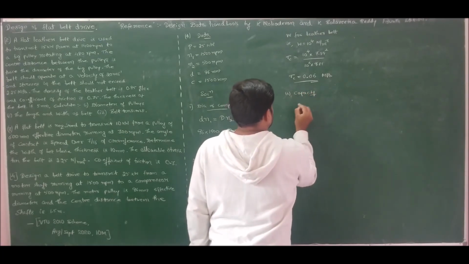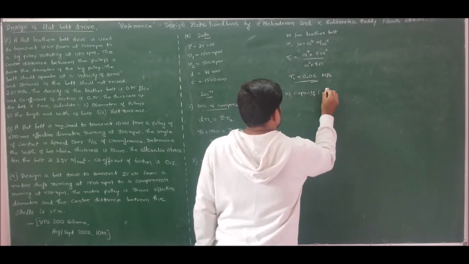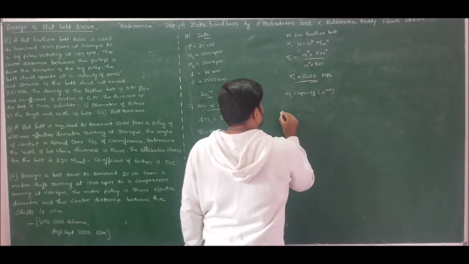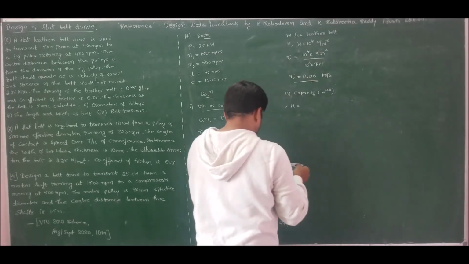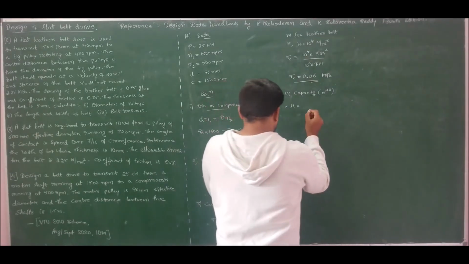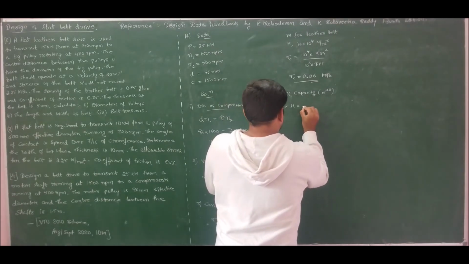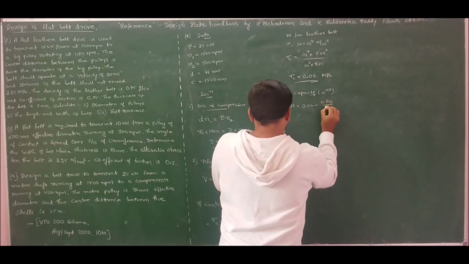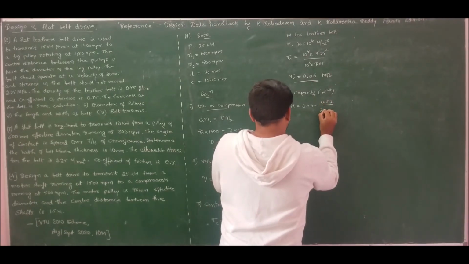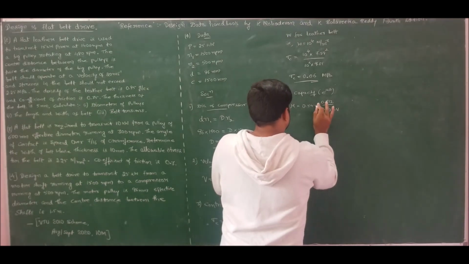Now moving for fourth step, to calculate capacity. We know that the capacity is given by e to the power of mu theta. So first step is I should find the value of mu. So the equation for mu is given by 0.54 minus 0.712 by 2.542 plus v.